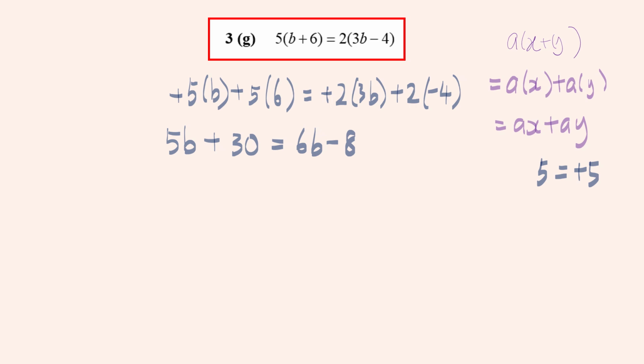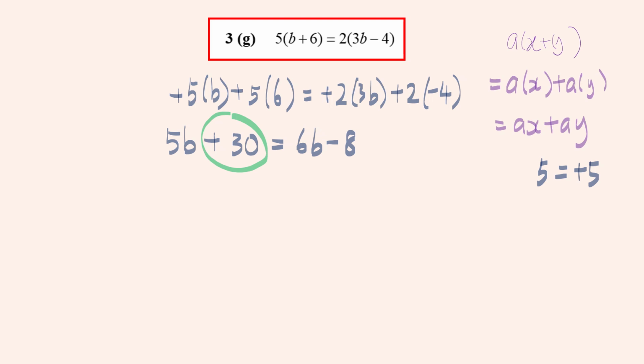And this is similar to what we have done earlier on, remember? So we have 4 terms here. What are they? 5b, positive 30, 6b, negative 8. So we're going to eliminate positive 30 first.